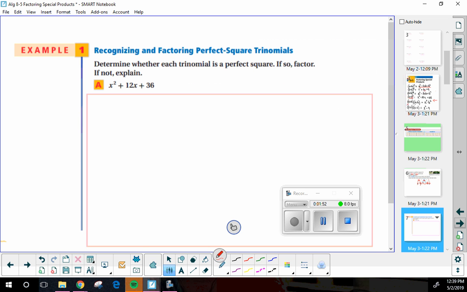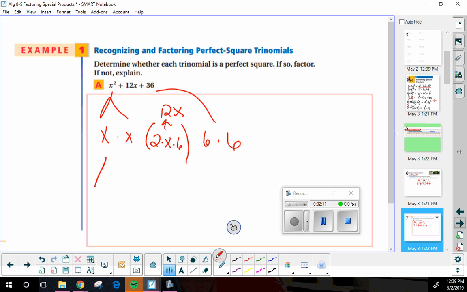So we're going to figure out if this trinomial is a perfect square. That's going to be x times x, and that's going to be 6 times 6. And if I do 2 times x times 6, I get 12x. So this is a perfect square, and it would be (x + 6) squared.